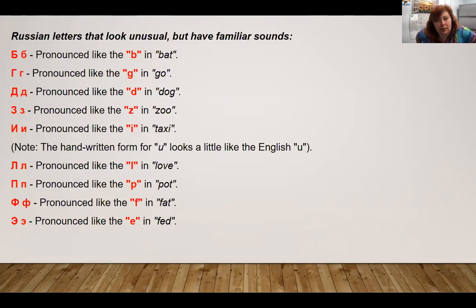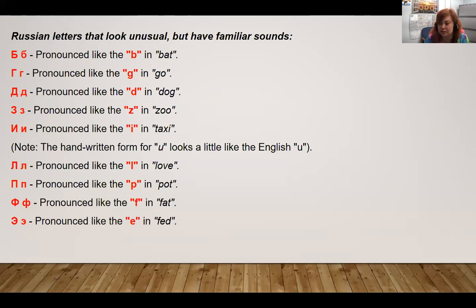So now we have Russian letters that look unusual, but have familiar sounds. This is the letter B I was talking to you about at the beginning of reading this alphabet. B, pronounced like B in bed. Remember I said that the letter V of the Russian alphabet looks like letter B in the English alphabet, but it doesn't make the B sound.